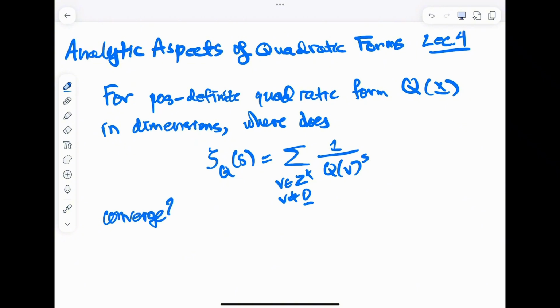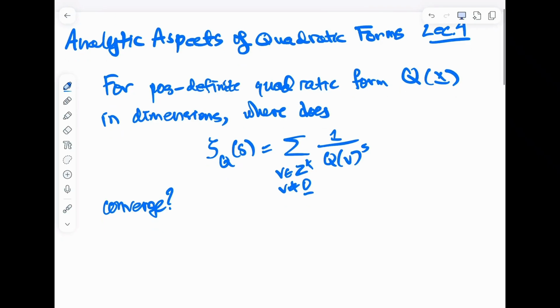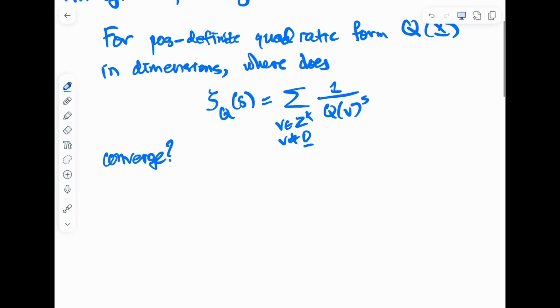For which s? Typically for a Dirichlet series, there's going to be some right half plane. So I want to pin down exactly where this happens, or rather, we'll just talk about where it converges absolutely.